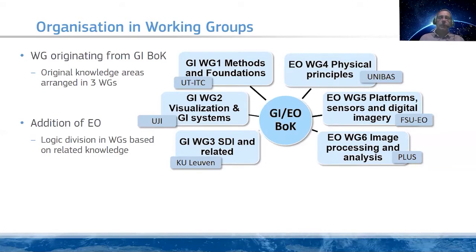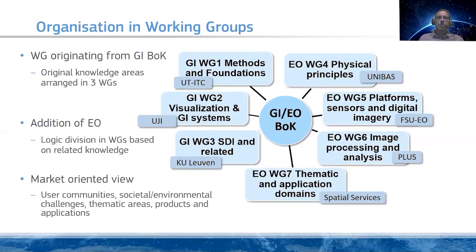And then, as already explained, we have a 7th working group which focuses on thematic and application domains. So this is the market-oriented view. It covers user communities, societal and environmental challenges, thematic areas, and products and applications. So this is really looking at it from the uptake side.